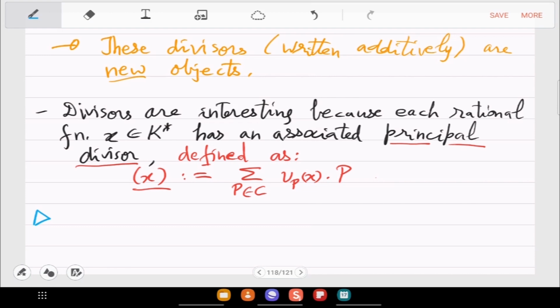Right? If it's an infinite sum, then this element will not live in div C. So why does it live in div C? Because this sum actually has only finitely many non-zero summands. Can you show that?